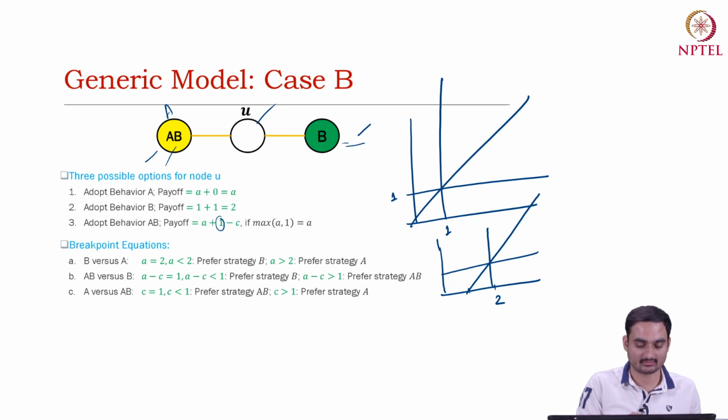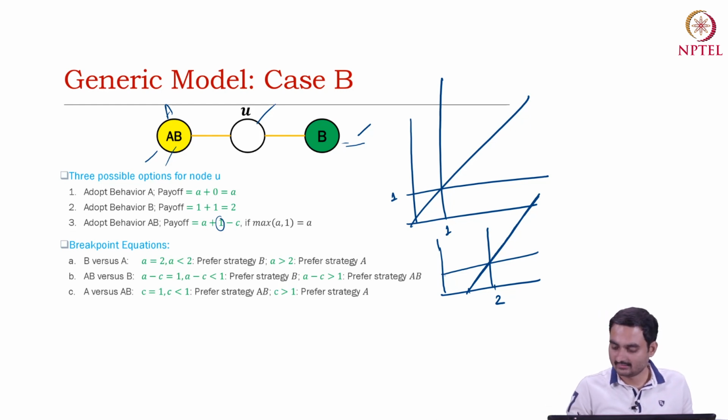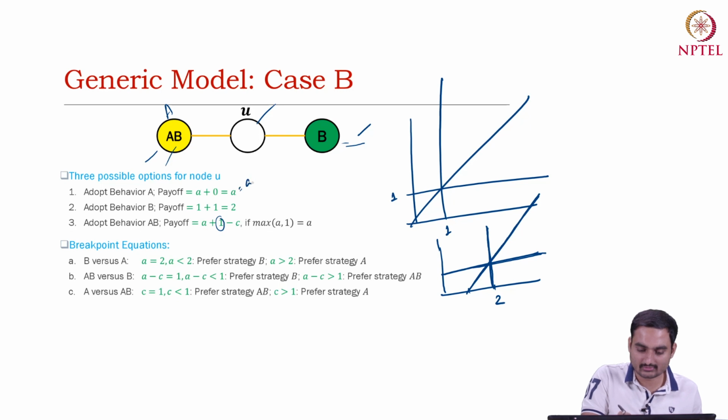You will understand it when you calculate the breakpoint between A and B, A, B and C, and A and AB. You will realize that this line is not now C equals A. This is something different. This line is C equals 1, this line is A equals 2. You see here, if A equals 2, then this would be the same.